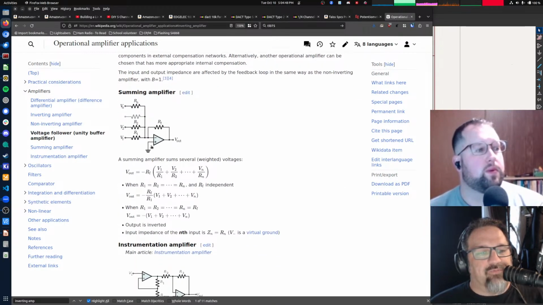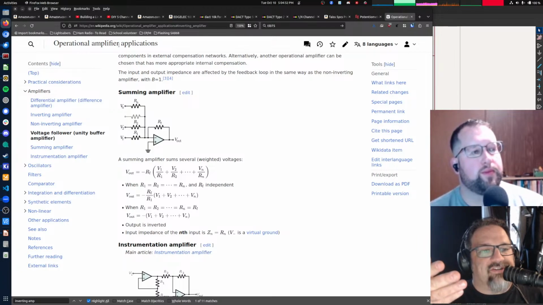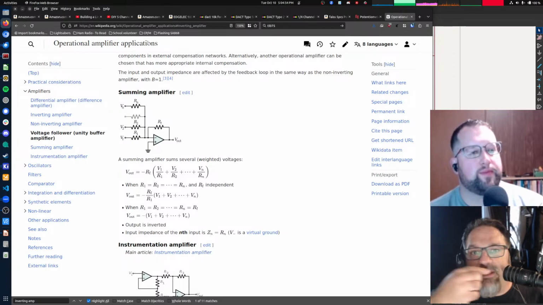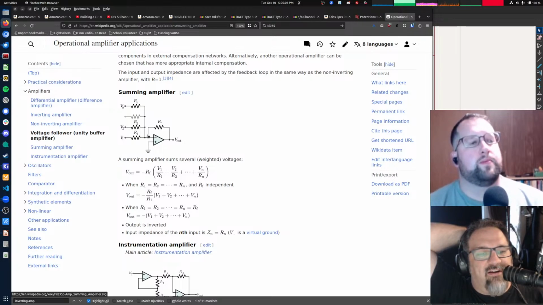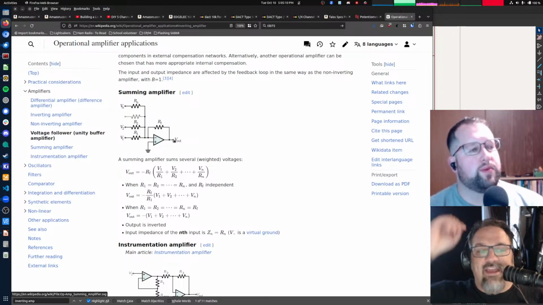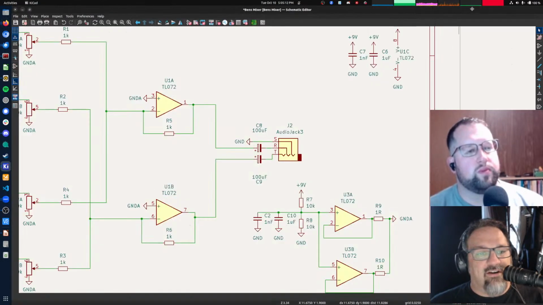So here's where it's describing the summing amplifier. This Operational amplifier applications page is the Wikipedia page that I'm looking at here. The summing amplifier is what we're doing. You have some voltage going through a resistor, into this bus, and that bus goes into the negative input of the amplifier and through a feedback resistor to the output. That is exactly what we've drawn here.